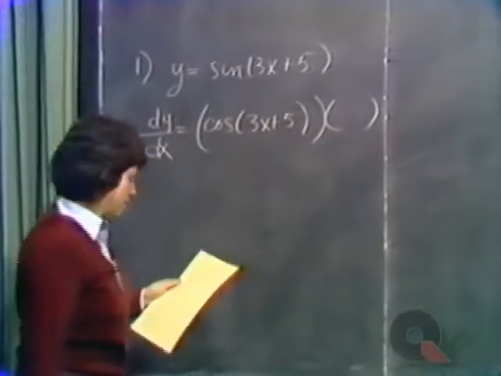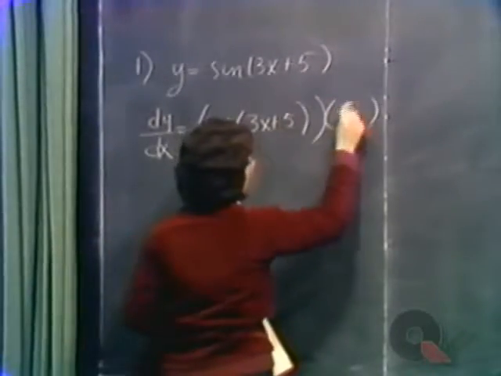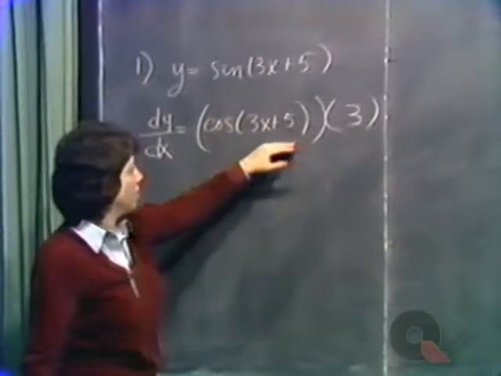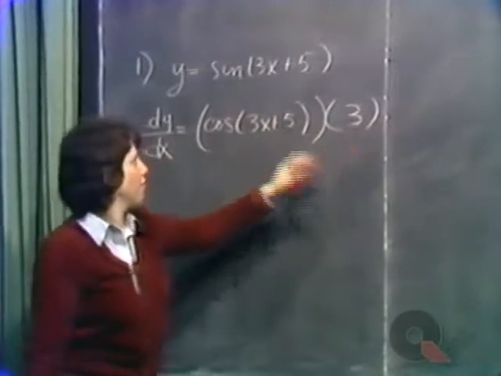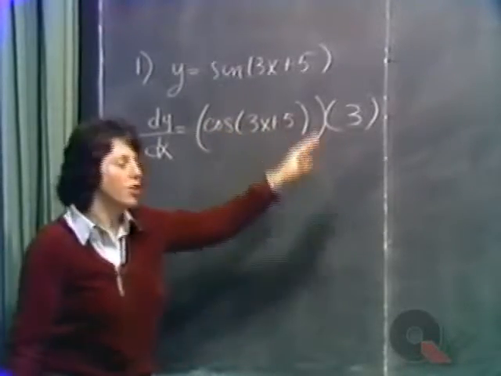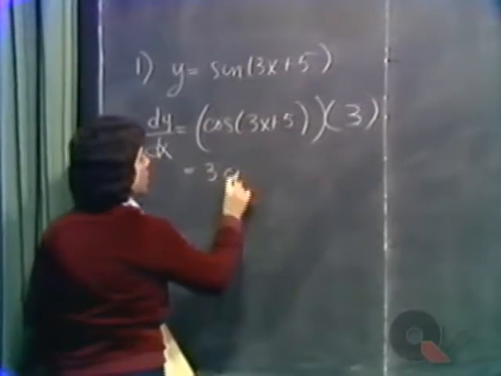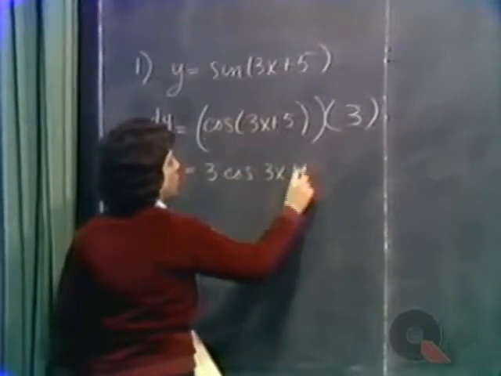The derivative of 3x plus 5 with respect to x is 3. So we get cosine of 3x plus 5 times 3, which can be written as 3 cosine of 3x plus 5.